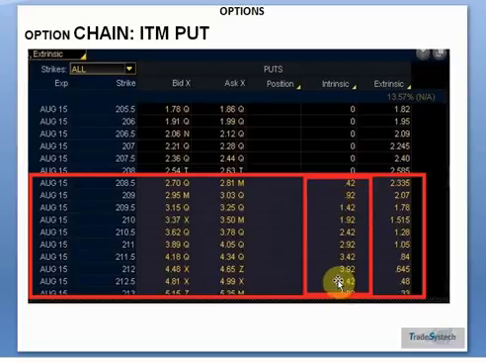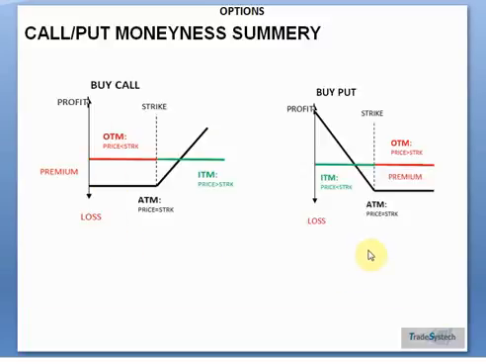So it's like we are saying the quotation is lower and lower compared to the strike. Let's go back to the profit and loss graph.